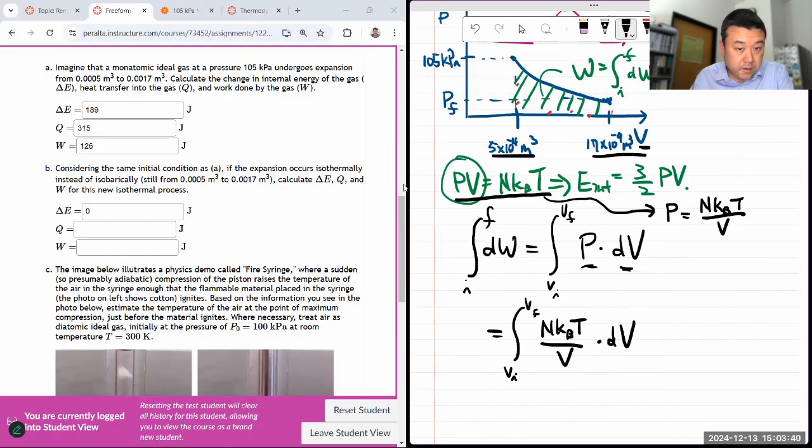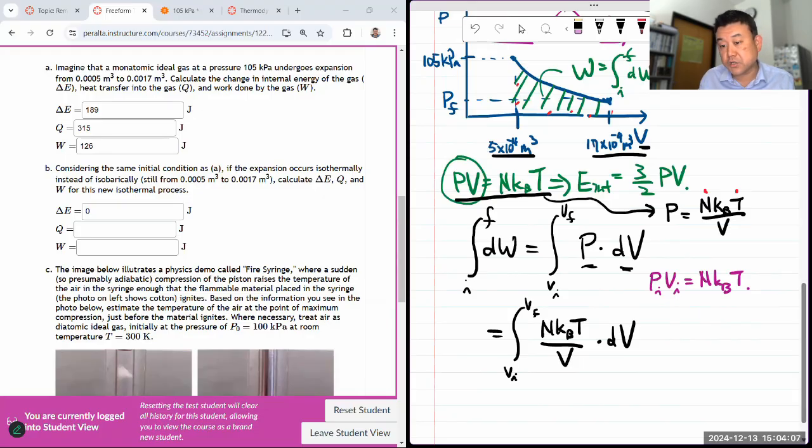And I'm never given a temperature, or in fact, I'm not given any of these quantities, N or T, separately. So what I think I should do is use this identity, the fact that initial pressure times initial volume was equal to N k_B T, and throughout the entire isothermal process, the right-hand side doesn't change, so I can just replace it with this constant left-hand side.